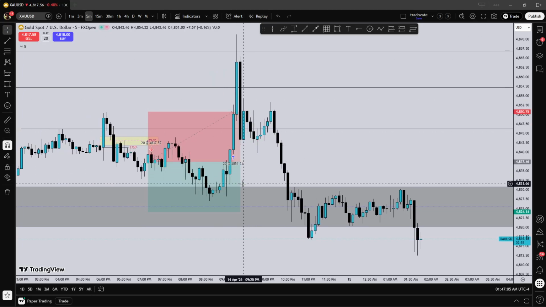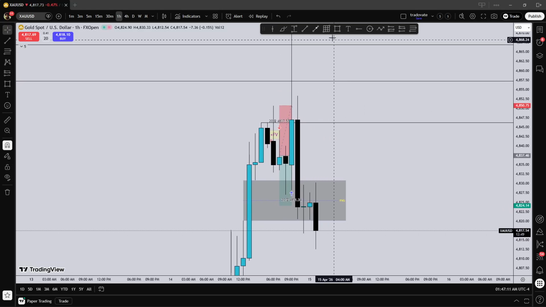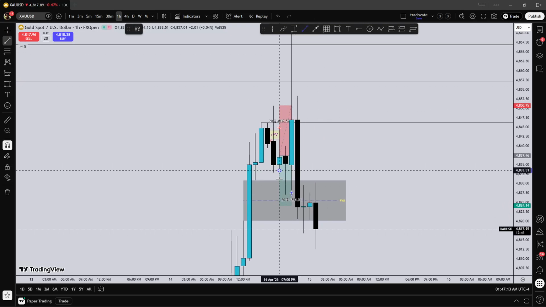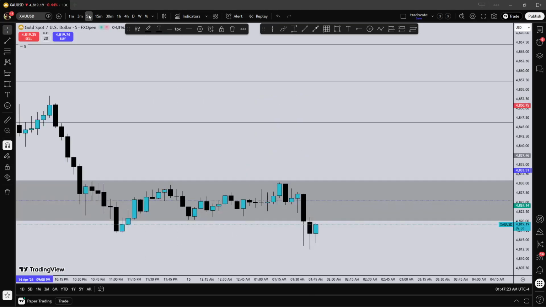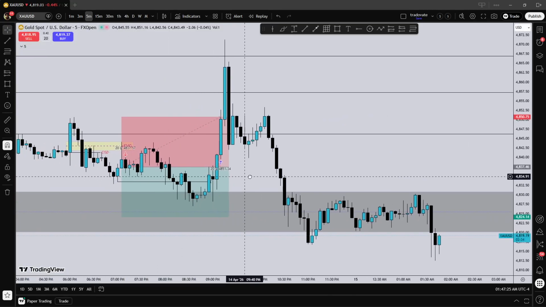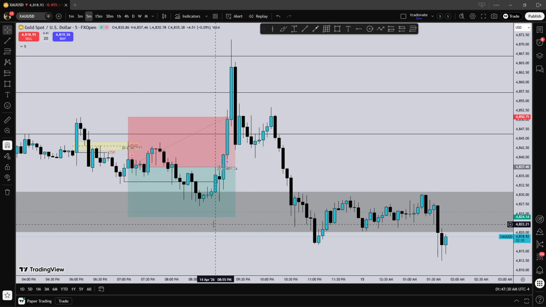So let's mark out what happened. We get a liquidity sweep right here. So this move down caused a liquidity sweep.